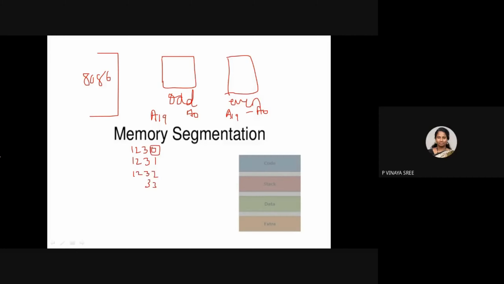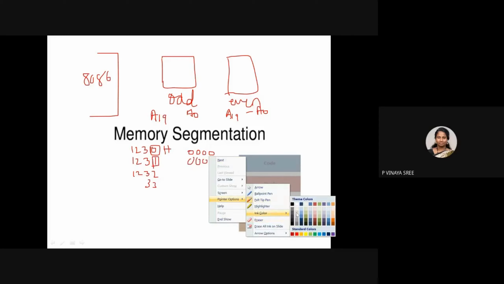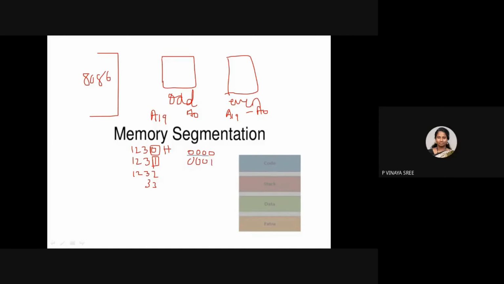As it is hexadecimal, I am representing it in binary. 0 in hexadecimal is represented in binary as 4 zeros, 0000. 1 in hexadecimal is represented in binary as 0001. If you observe, these 4 zeros are common and only this part is different: here you have 0 and here you have a 1.